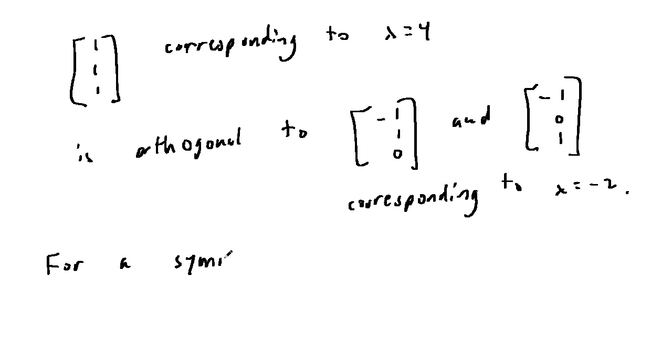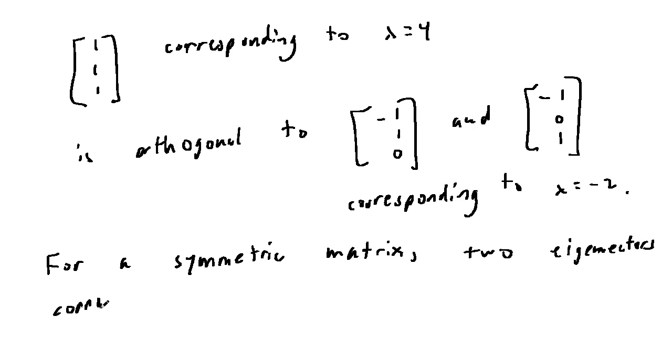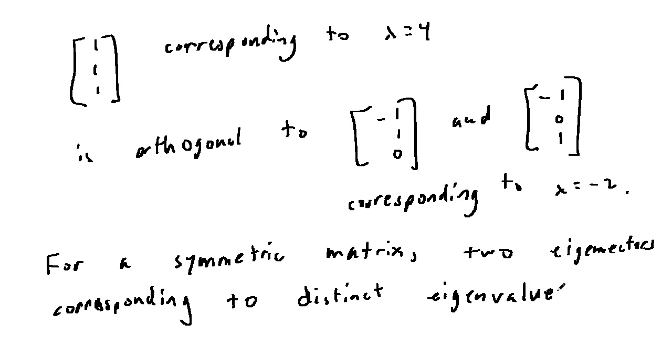For a symmetric matrix, two eigenvectors corresponding to distinct eigenvalues are orthogonal to each other.